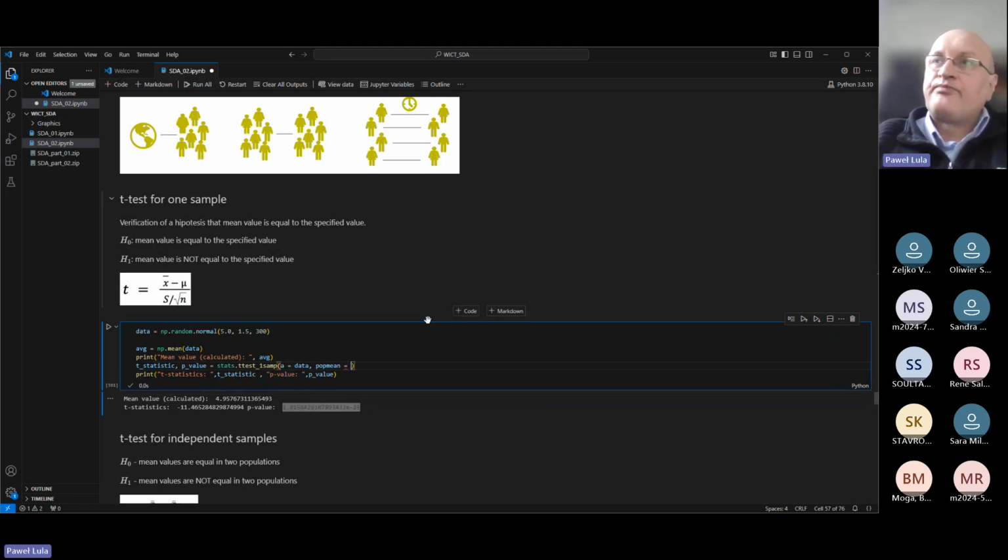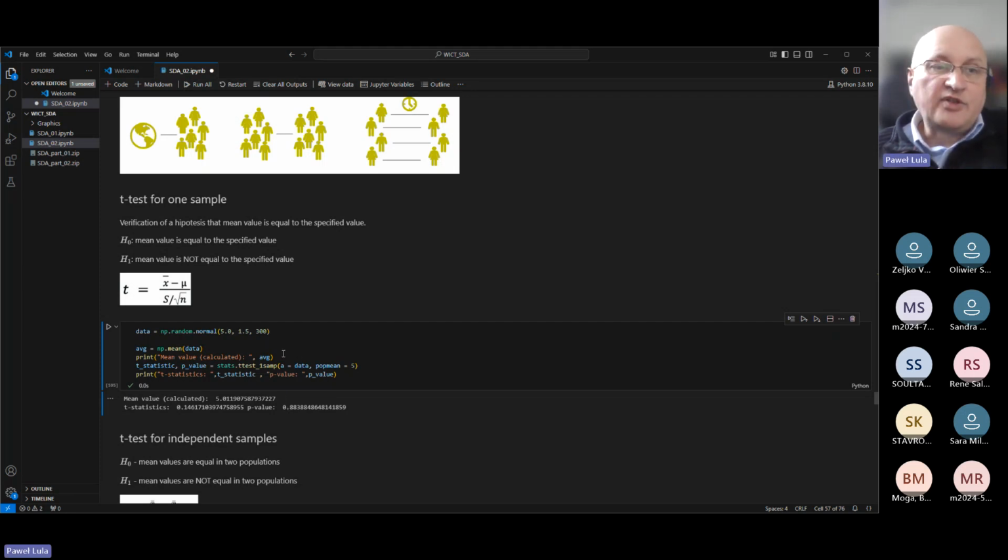In the case when the mean value for the whole population is 5, then the probability, of course, we can get different values for every calculation because we have random values here, then the probability of obtaining this data set as a sample is high.